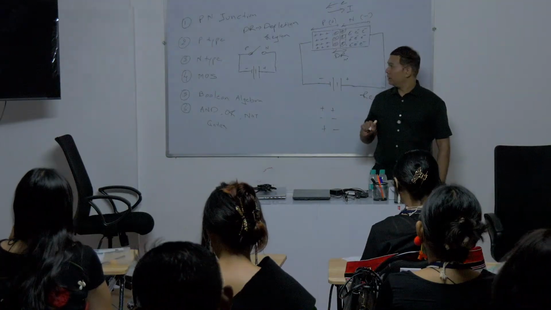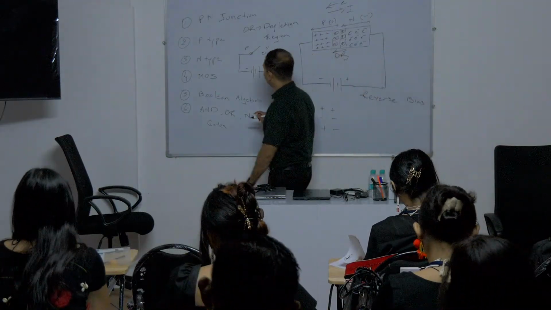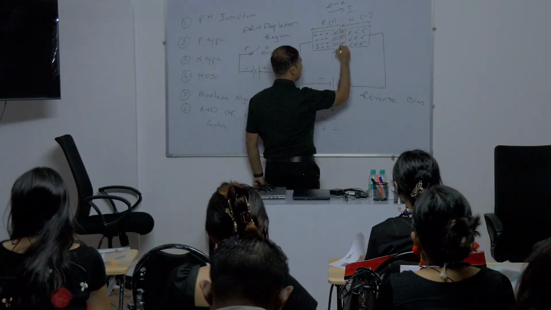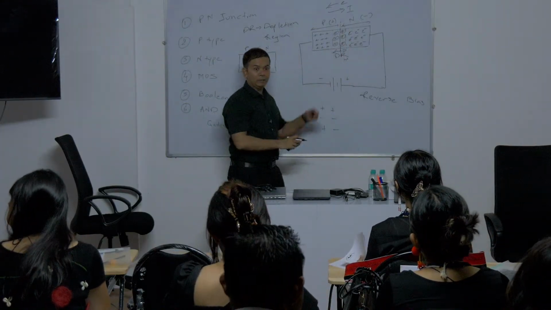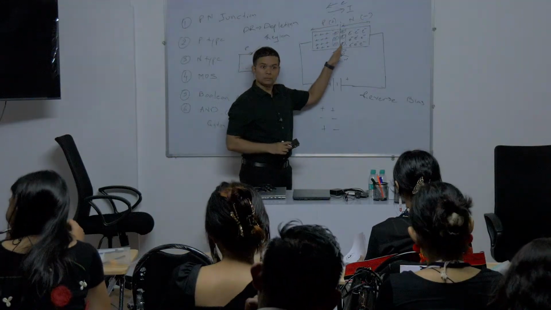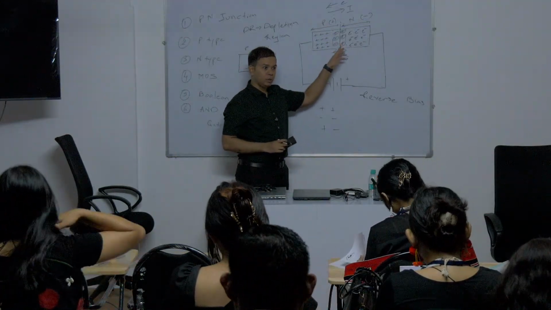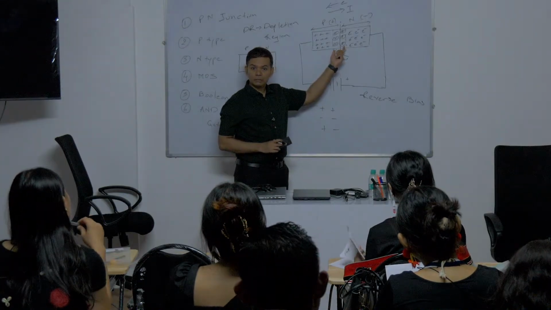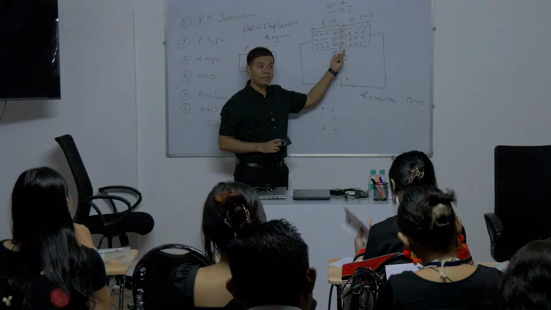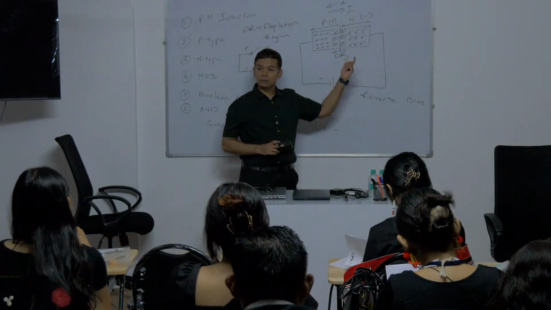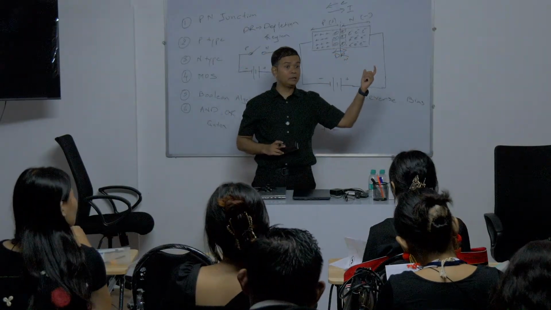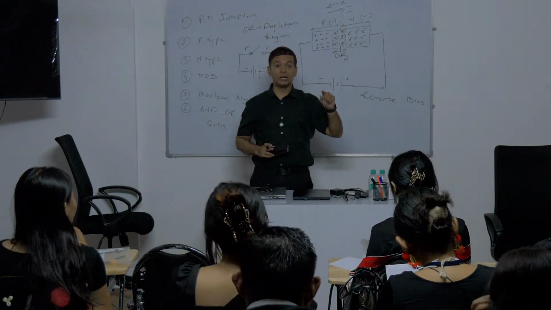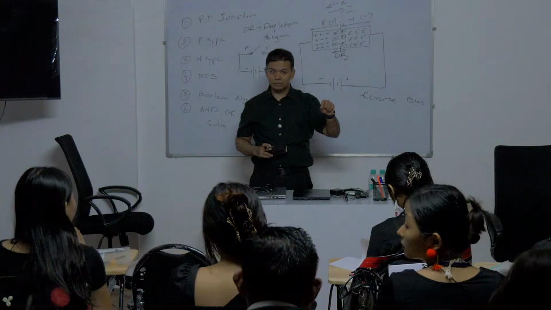Yes, sir. Right. So now all of you know what a PN junction is, right? This junction between P and N is known as a junction. Understood? This region is known as which region? Depletion region. Why is it known as the depletion region? There are no mobile charge carriers present.